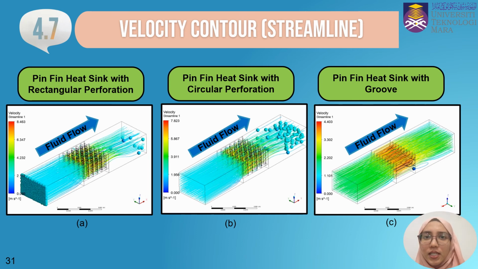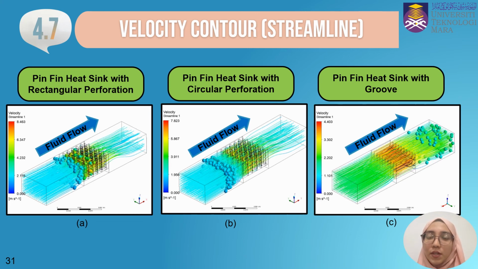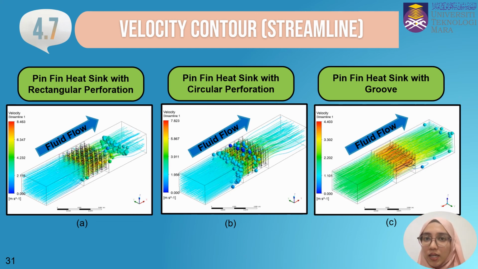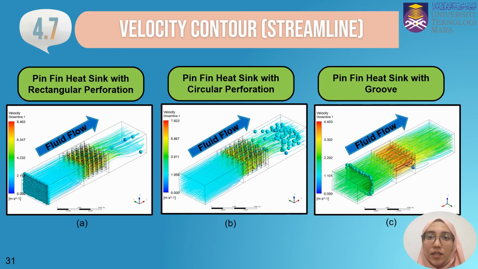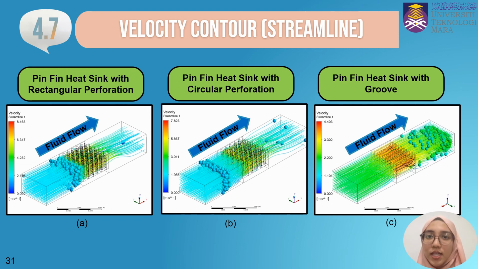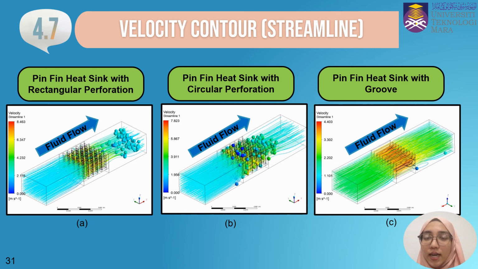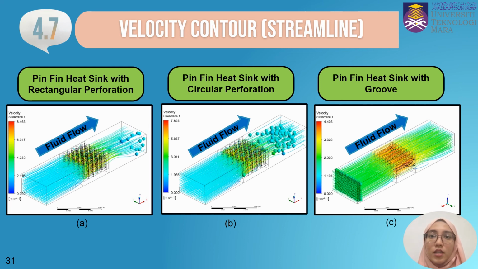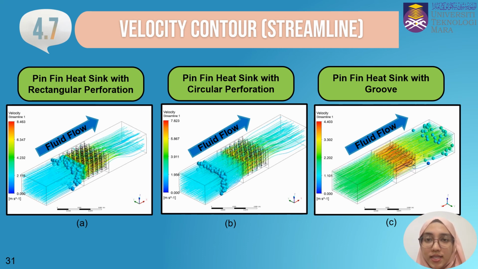Moreover, figure C, the pin fin heatsink with groove, shows a better streamline compared to the pin fin heatsink with rectangular and circular perforation. This is because the streamline of the airflow out from the pin fin heatsink with groove is higher compared to the pin fin heatsink with circular and rectangular perforation. This simulation shows that the higher the resistance, the more the airflow throughout the heatsink will decrease.